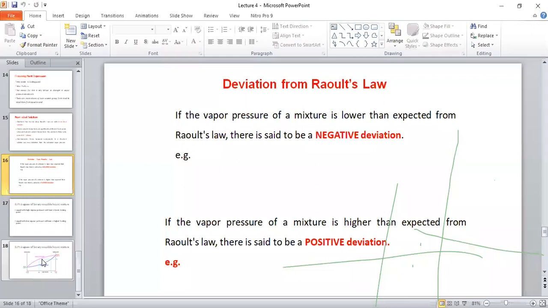So there are possibilities of you having some deviations, because no situation is perfectly ideal. You can either have a negative deviation or a positive deviation. Negative when the vapor pressure of the mixture is lower than what is supposed to be in ideal, and positive when the vapor pressure of the mixture is higher than what we expect to be in ideal.